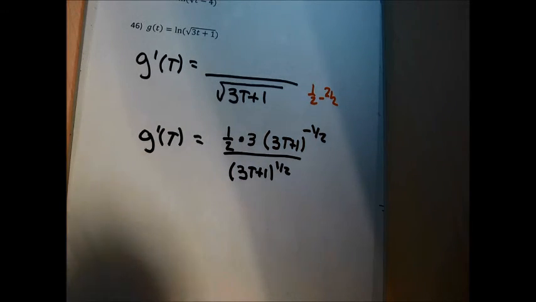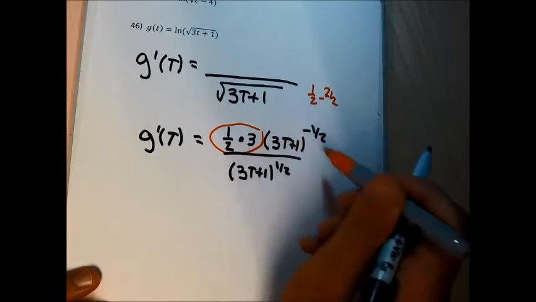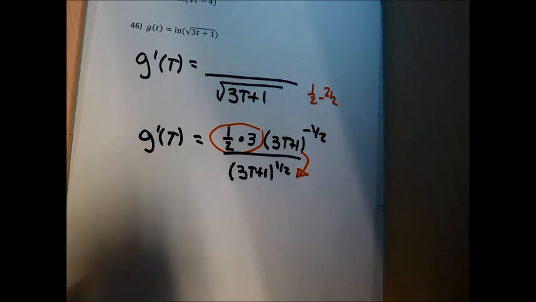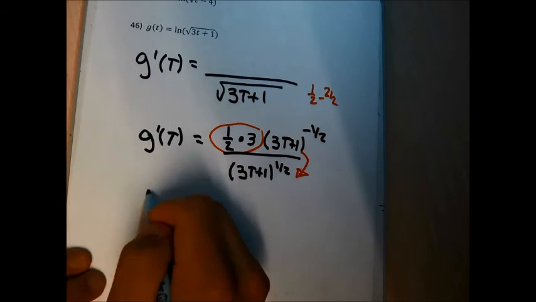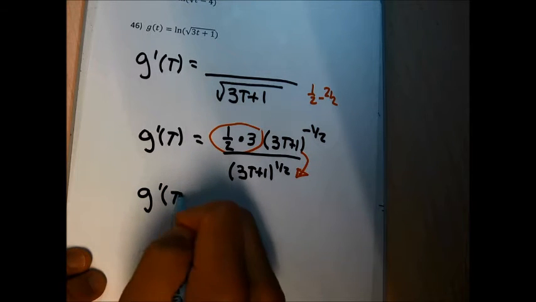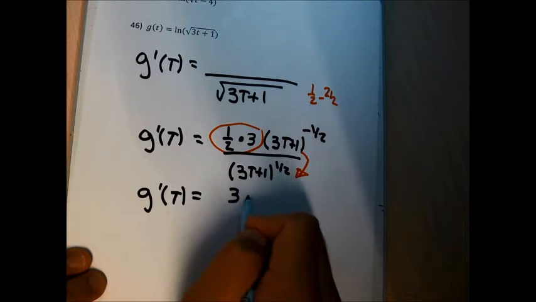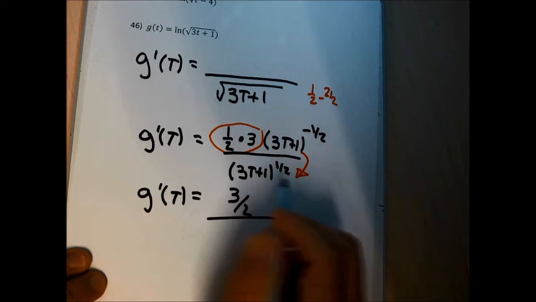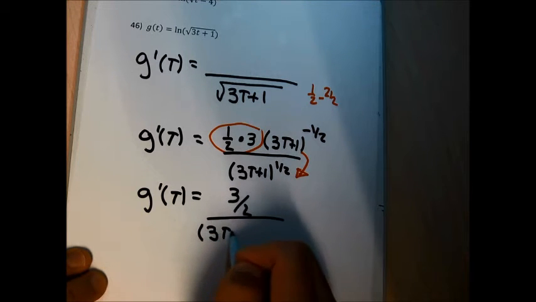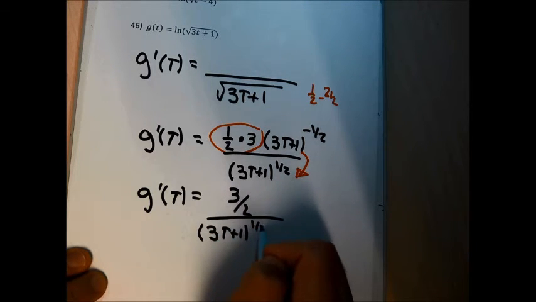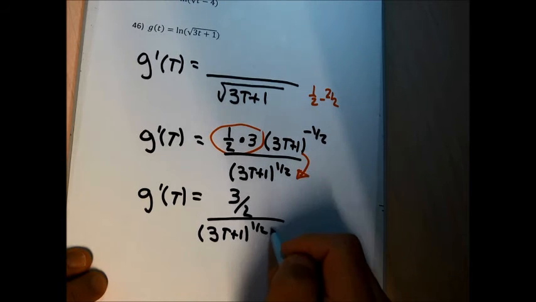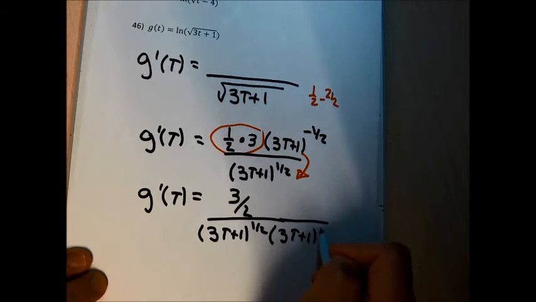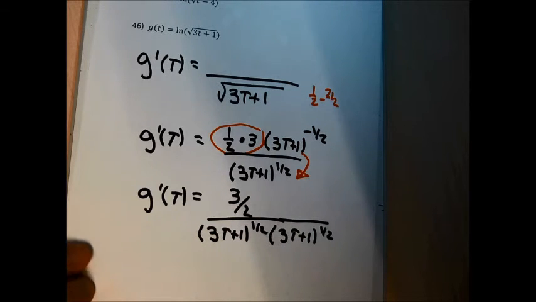I'm going to multiply these, and I'm going to move this down to the denominator. So I'm going to get g prime of t equals 3/2 over 3t plus 1 to the 1/2 for that one, and 3t plus 1 to the 1/2 for that one.